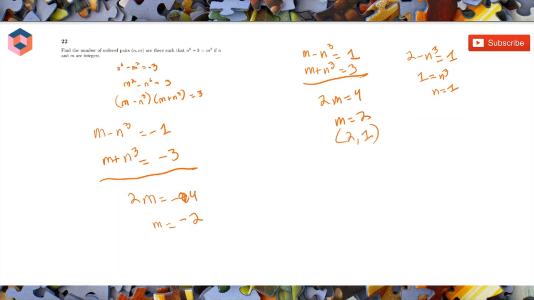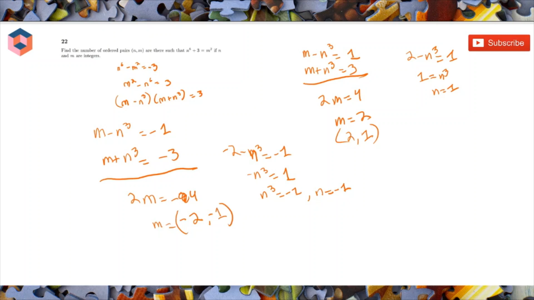Plugging that in, we get negative 2 minus n cubed equals negative 1. Adding 2 to both sides, we get minus n cubed equals 1, or that n cubed equals negative 1, meaning n equals negative 1. So our second solution is (negative 2, negative 1).